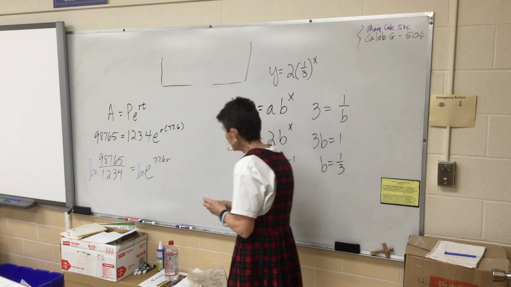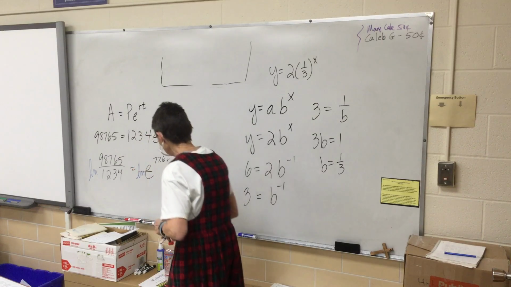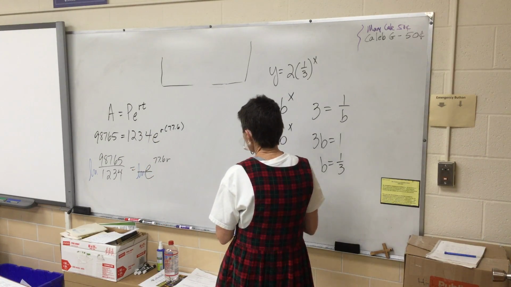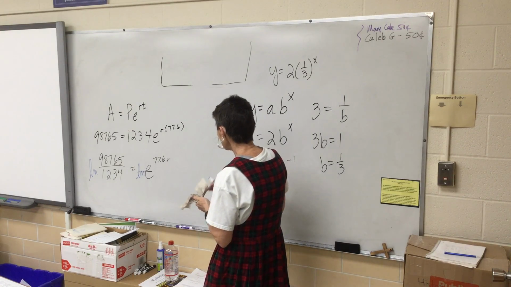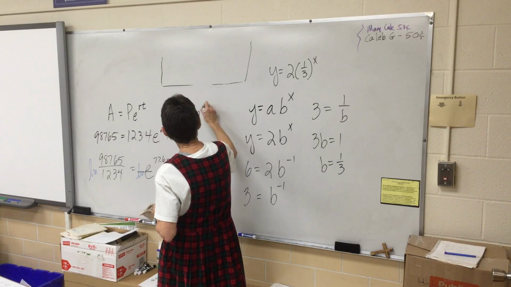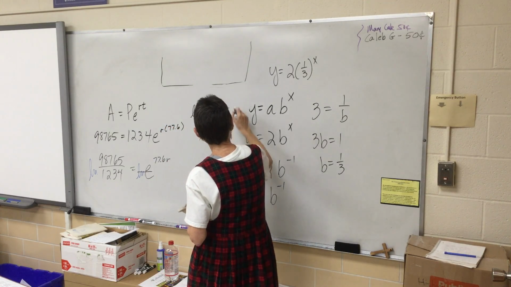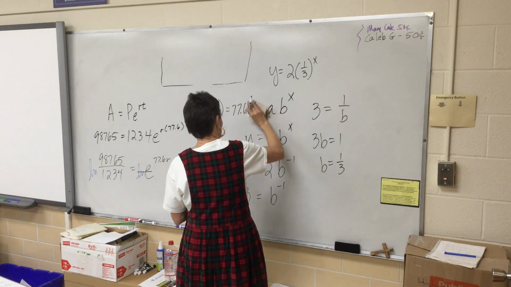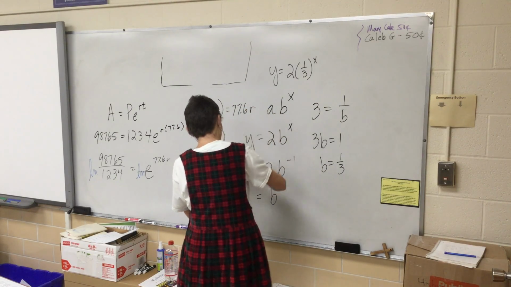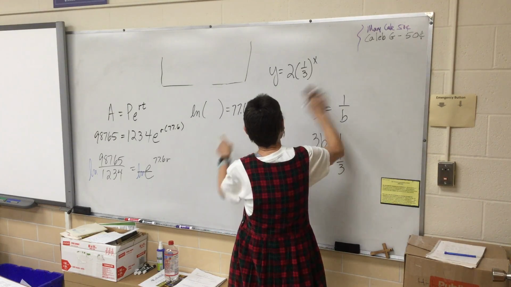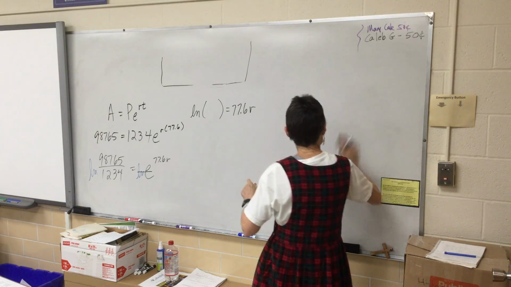That will make this go away. So that ln of the big fraction equals 77.6r. So won't we just take the natural logarithm of that fraction and divide it by 77.6?